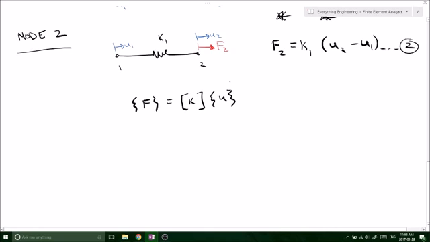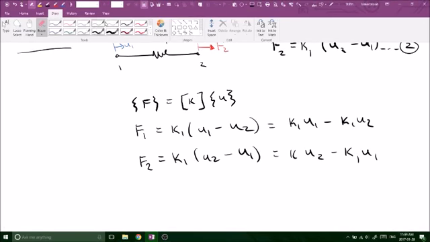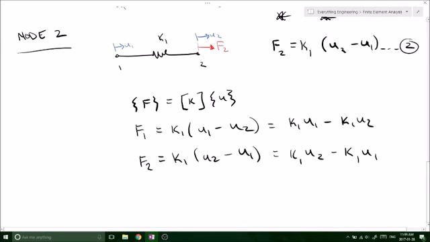So now we need to find our matrices. So if we want to put F1 and F2 in a matrix, here's our two equations. Now from linear algebra, you can recognize these as two equations and two unknowns. Say, for example, if we have all of our properties of our bar given, then we know K1 and K2, for example, and we're trying to look for our U1 and U2 displacement.